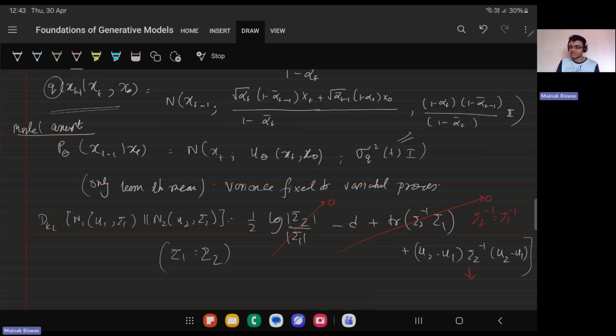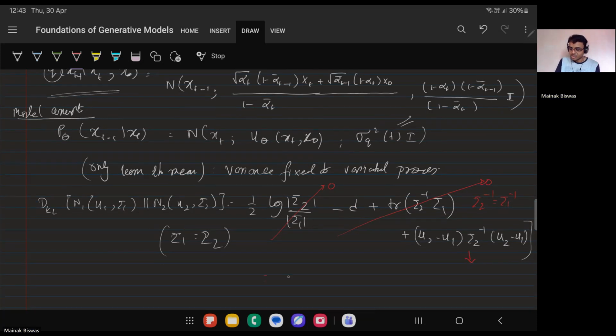And this last term, if it's a diagonal matrix, becomes just half, again, sigma q squared t inverse. This is the diagonal matrix. If it's a diagonal matrix, it just becomes the covariance or the variance structure of the matrix times mu q. And it's a constant diagonal matrix, it's not that the diagonal elements are different. So this is mu 2 minus mu 1 squared. That's all it is. So this becomes an MSE loss between the means.